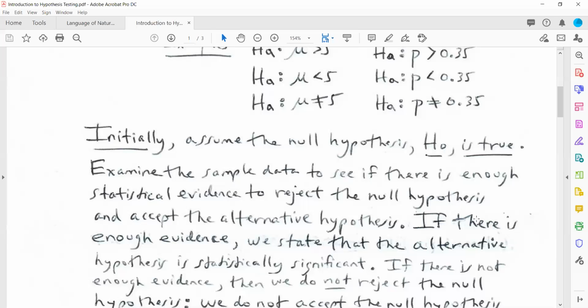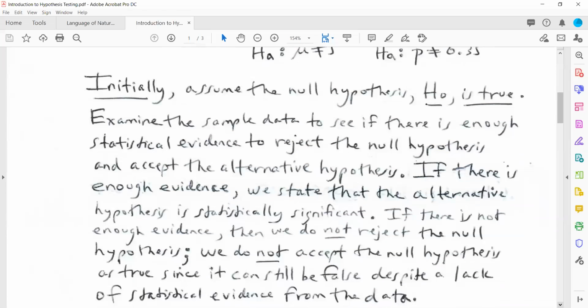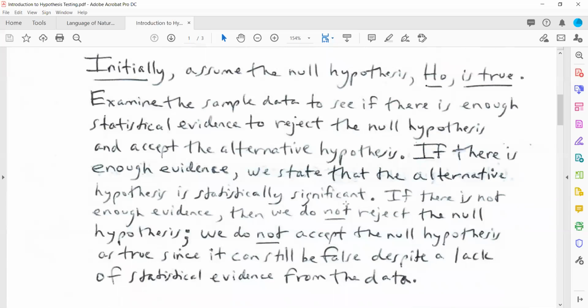Now, if we decide through the procedure that we've chosen, in this case, randomization tests through StatKey, that there is enough evidence, then the way we say it is that it's statistically significant. In other words, it's so far away from the null hypothesis that the alternative hypothesis is probably true.